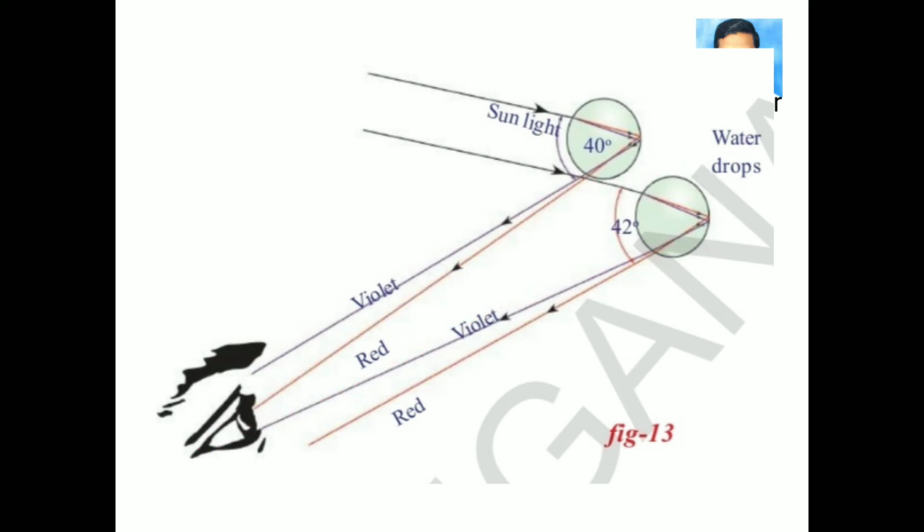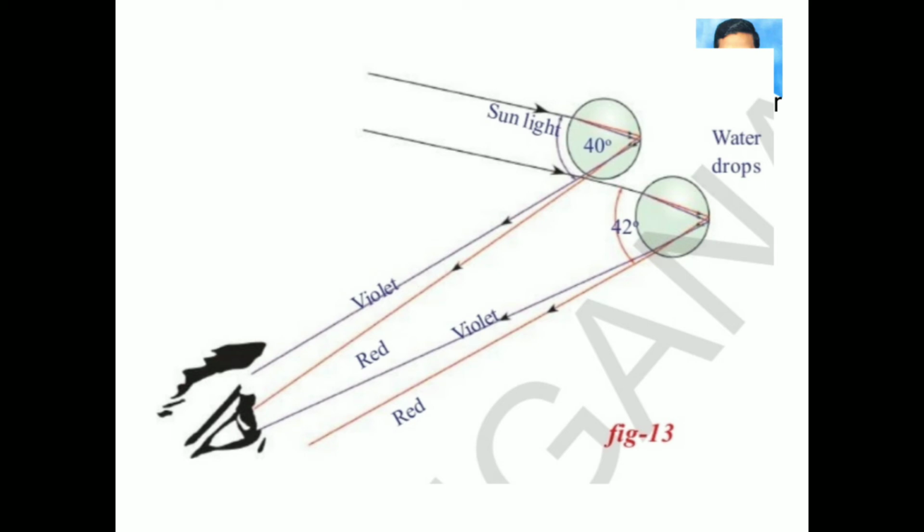If violet light from a single drop reaches the eye of an observer, red light from the same drop can't reach his eye. It goes elsewhere, possibly downwards of the eye of the observer as shown in the figure.